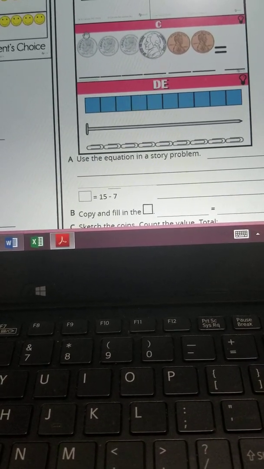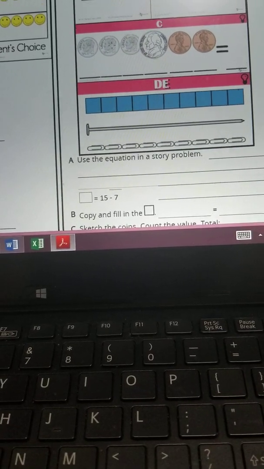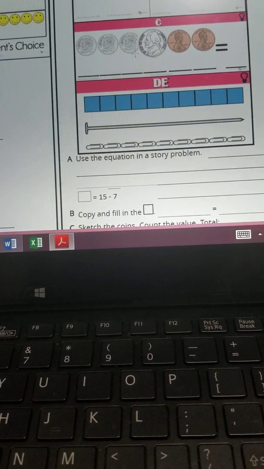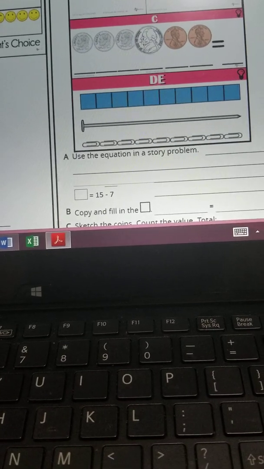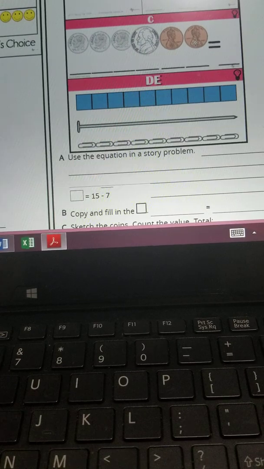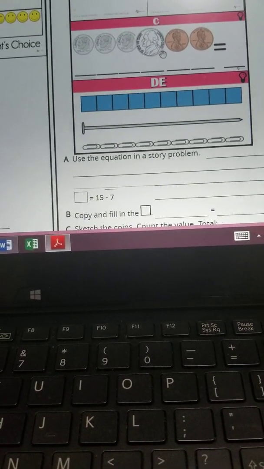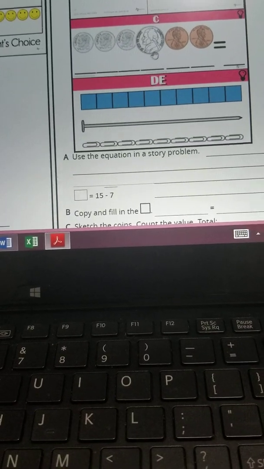Okay, so I'm going to go ahead and help you with this one so we can practice. 10, 20, 30, 35, 36, 37. Okay, counting on, but you have to count on based on how much the value is for each coin.